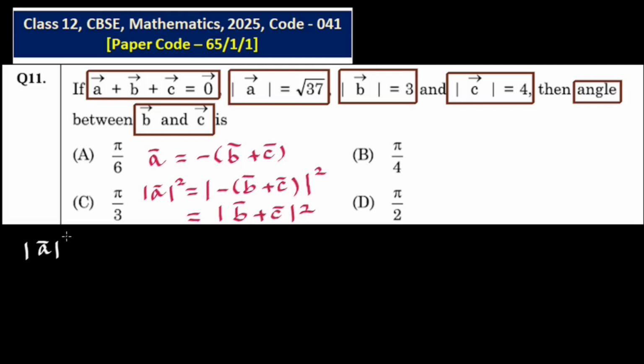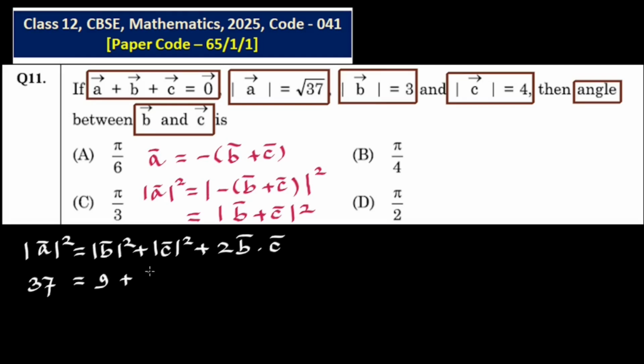Now mod a bar square is mod b bar square plus mod c bar square plus 2 b bar dot c bar. Putting the values, root 37 square, 37, equals 3 square, 9, plus 4 square, 16, plus 2 b bar dot c bar. 2 b bar dot c bar equals 37 minus 25, 12.